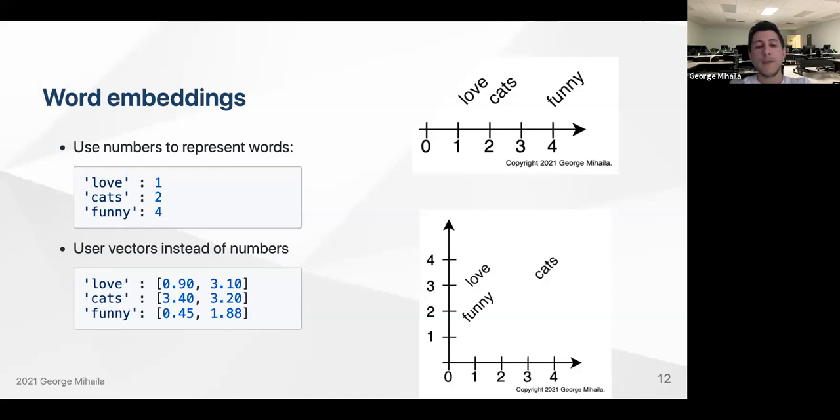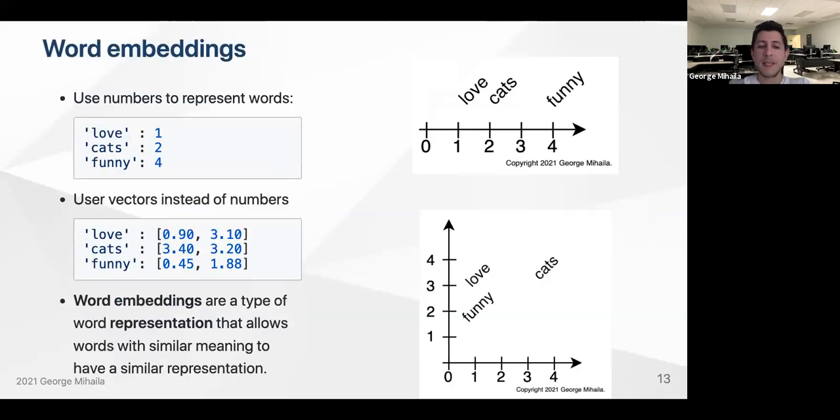You can think of the values in the vectors as features for a word, and the more features we have, the better our representations are. This is exactly what word embeddings are: a type of word representation that allows words with similar meaning to have a similar representation. You can see that in this case, love and funny are closer together than they are with cats.